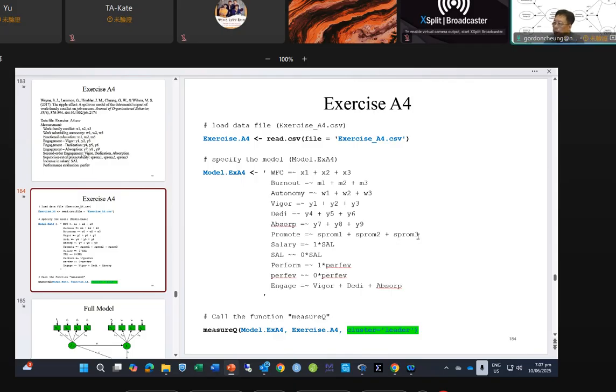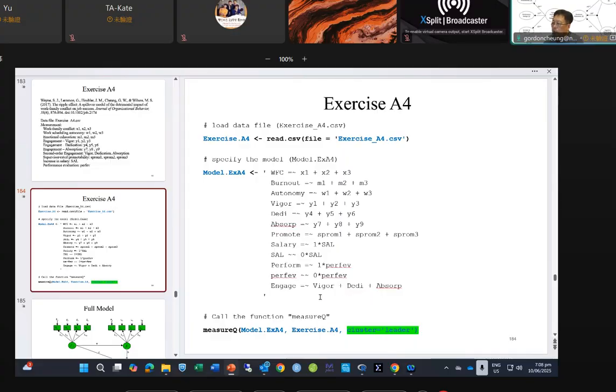Promotion has 3 items. Salary, single item. Therefore, it is measured by SAL, but the factor loading equals 1, and we assume that there is no measurement error. Therefore, we put 0 for the measurement error. Similarly, for performance, we change the single item PERFUV to the latent construct perform. So we have fixed the factor loading to 1 and the measurement error to 0.